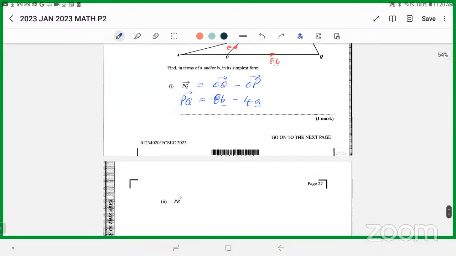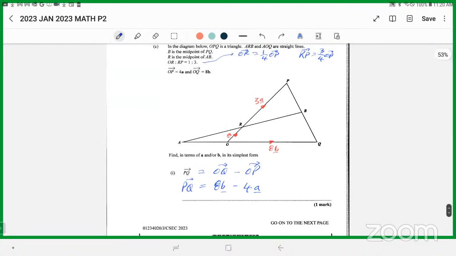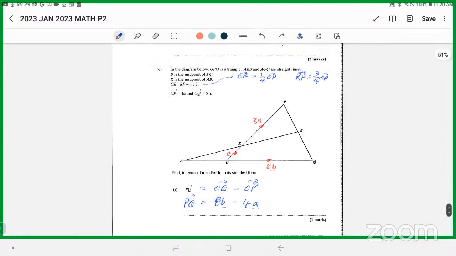Let's look at the diagram. PR, that's this one. We know it already. We already broke it down on this. And so PR now is minus 3A. Okay, we're going in the opposite direction to 3A. Minus 3A. And we have it on the paper why it is that. So PR, based on that diagram. And the diagram is a part of my solution.